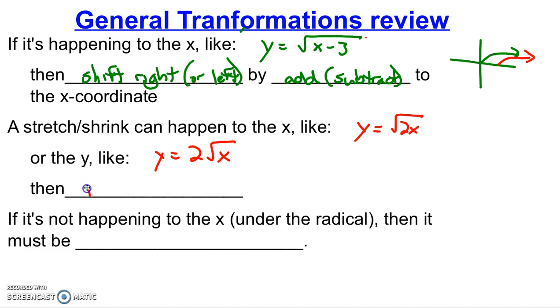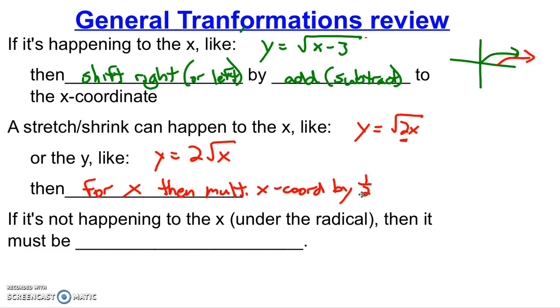If it's happening to the x, there's something a little tricky. Then you're going to multiply your x coordinate by the reciprocal of this number here. So in this case, that would be 1/2.